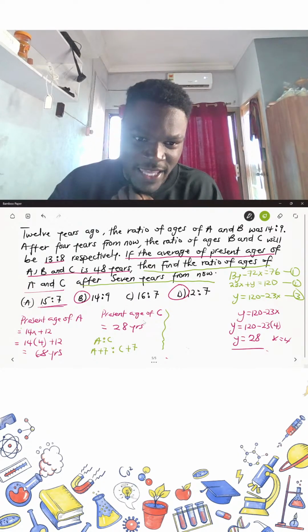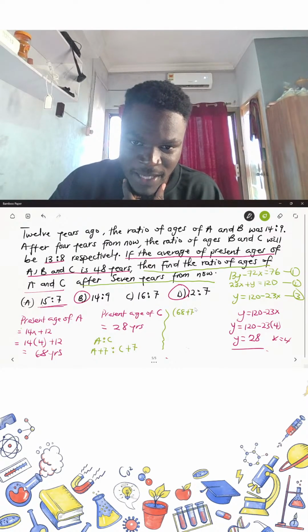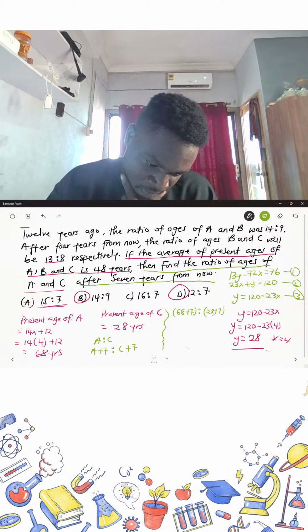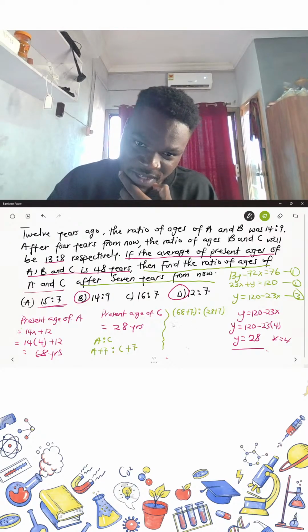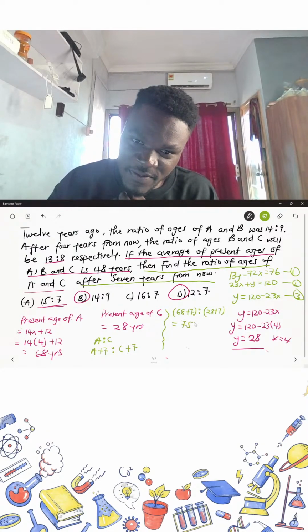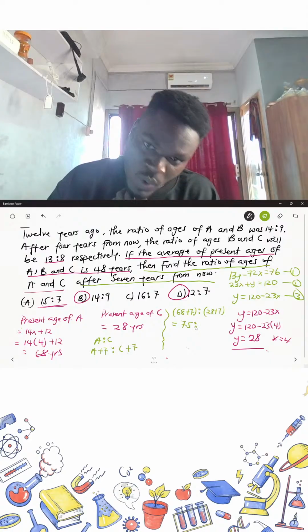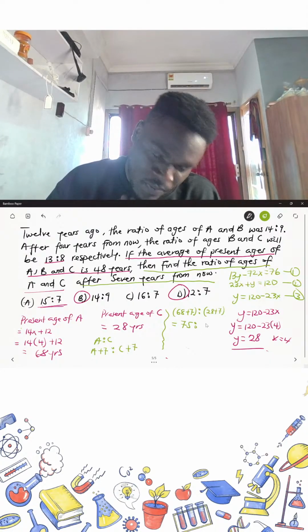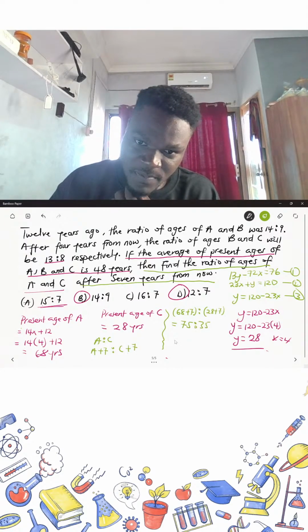And if we do that, the age of A is 68, so we have 68 plus 7, and this is to that of C, 28 plus 7. Are we okay? So we'll now have this, and this will be equal to 68 plus 7 will give us 75, and that is to 28 plus 7 will give us 35.